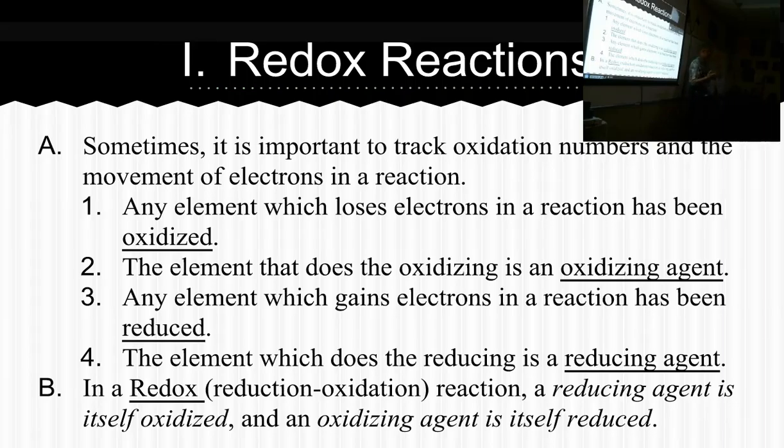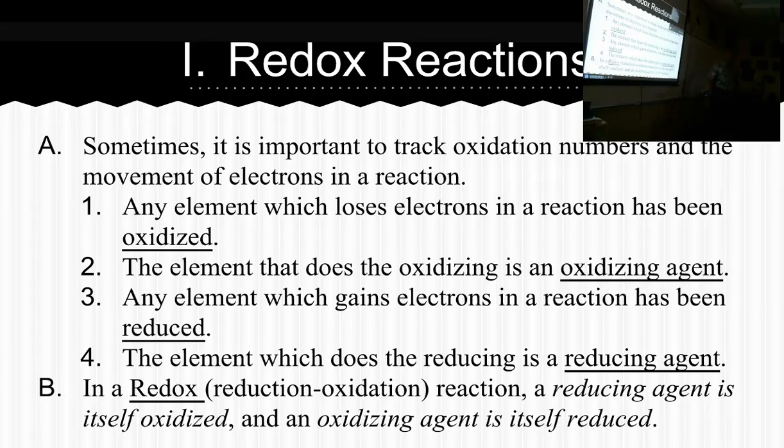And on the other side, that thing lost electrons, so it has been oxidized, but it gave its electrons over there, so it is the reducing agent, but it was oxidized. Okay? So in a redox reaction, an oxidizing agent is reduced, and a reducing agent is oxidized. And that is a redox reaction.